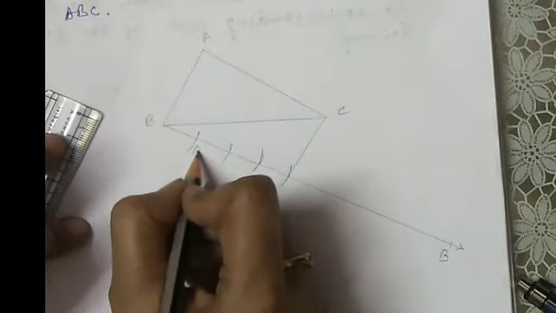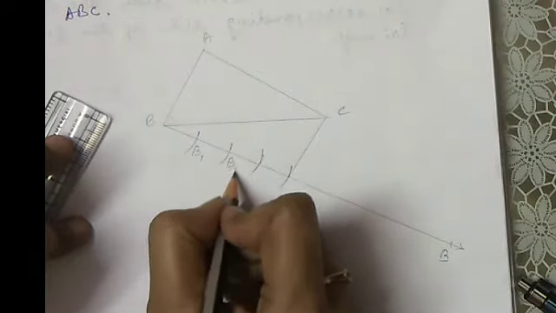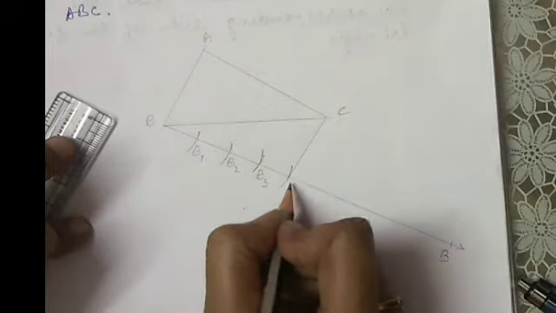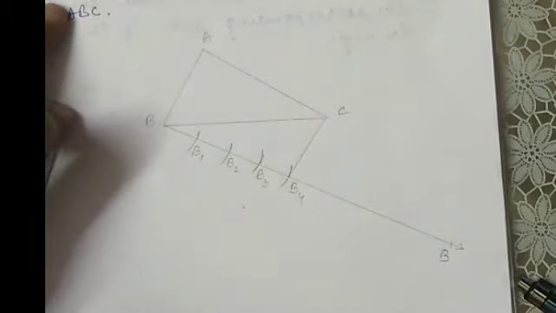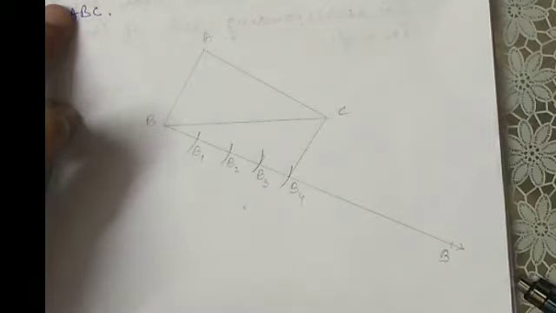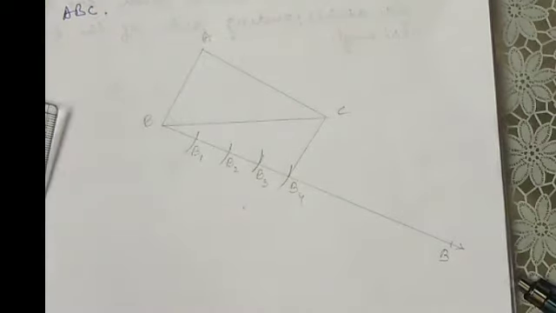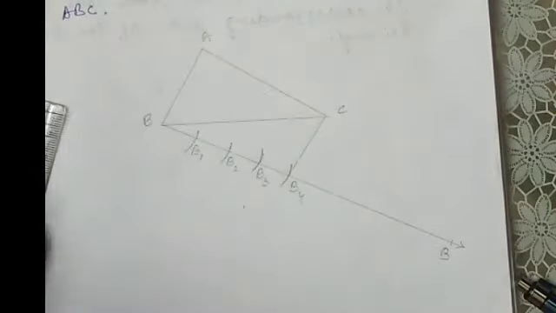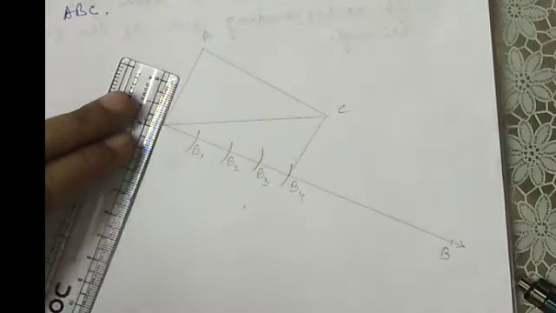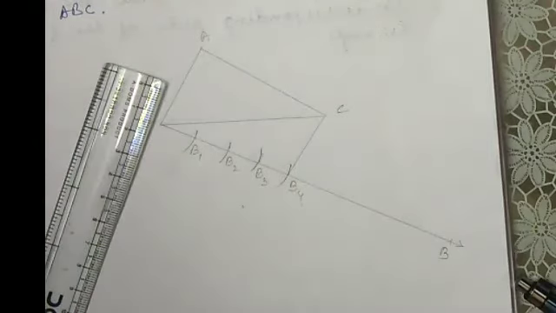So it will be B1, B2, B3 and B4. As the other one is 3, you need to take the 3 parts from there.